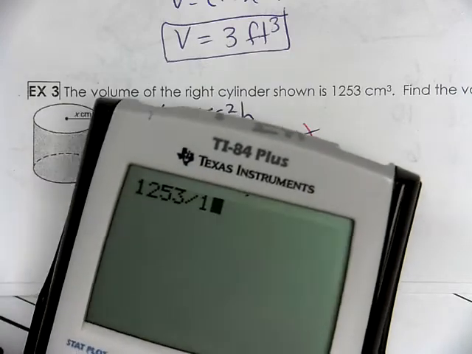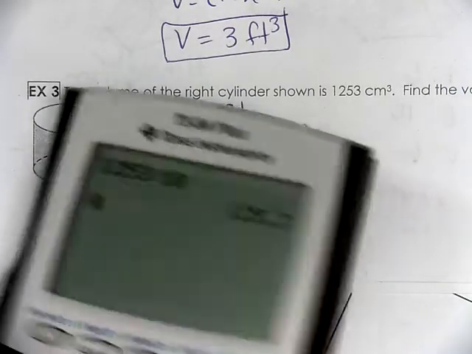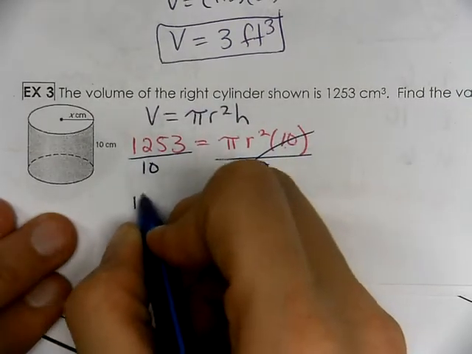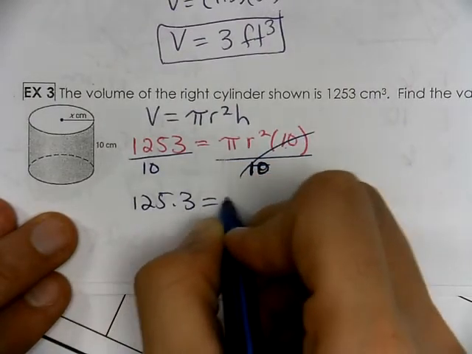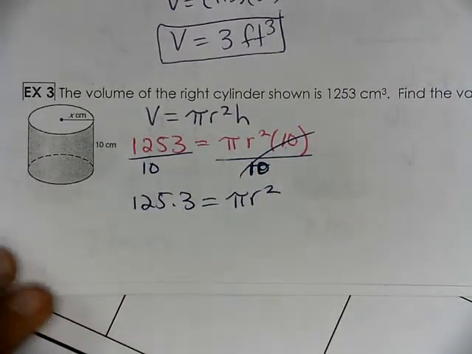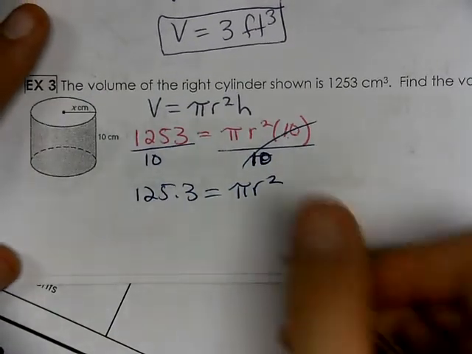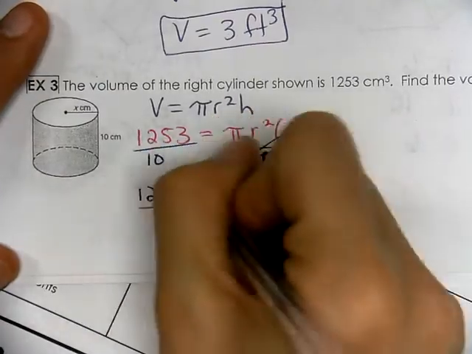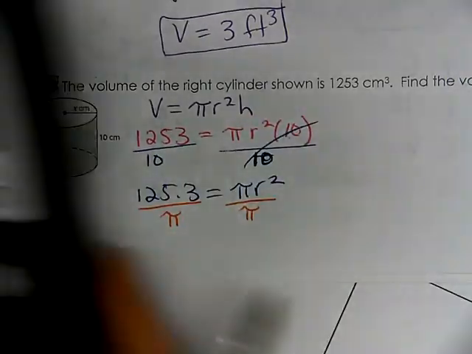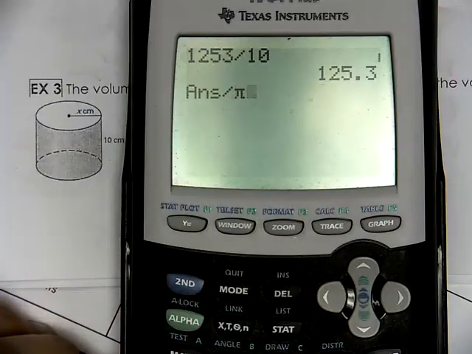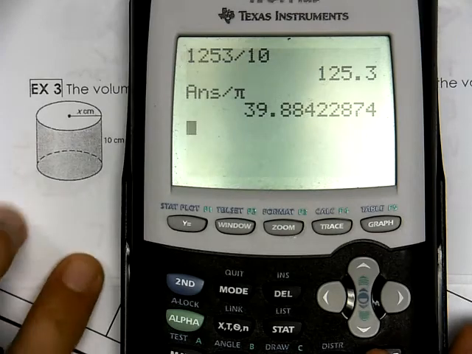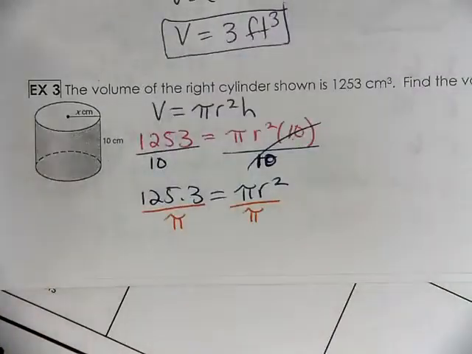1,253 divided by 10 is 125.3 equals pi r squared. Now what should I do? Yeah, divide by pi. 39.88.